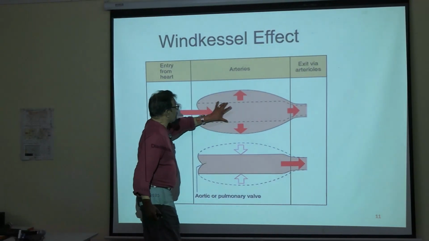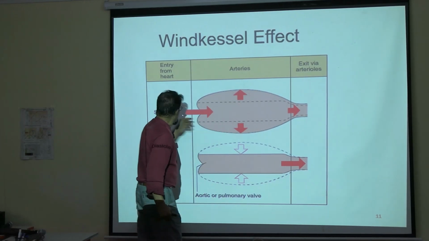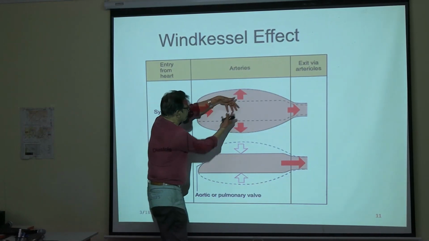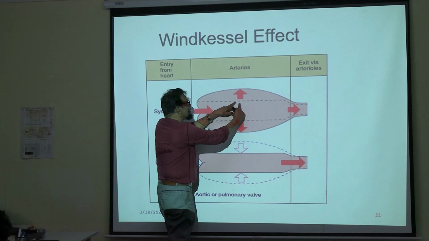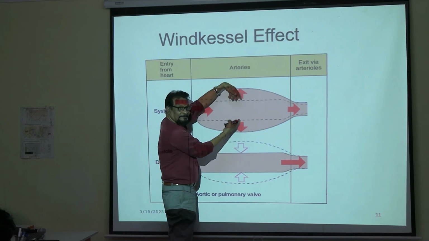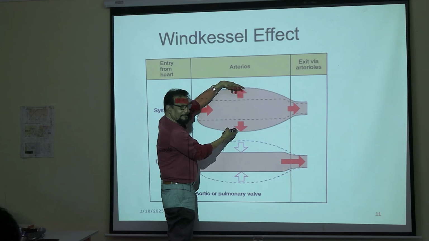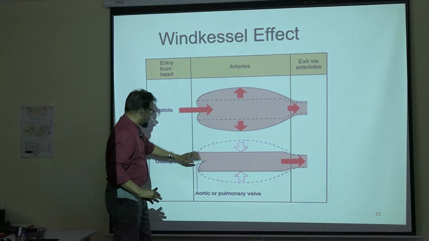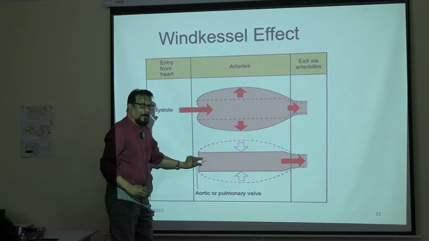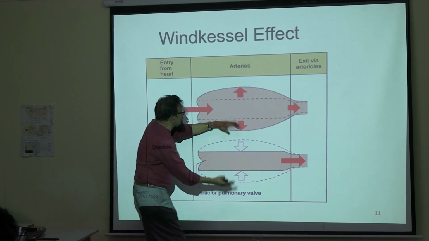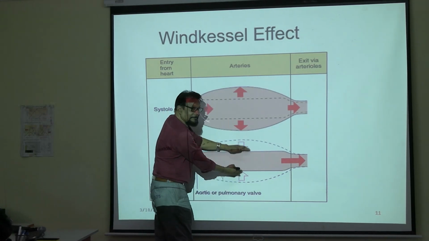In systole, this is the original diameter of the aorta. When blood has entered, because of elasticity, it dilated, accommodated 70 ml of blood. So here during diastole it has stopped, this valve is closed. Now what happens? This wall is contracting.